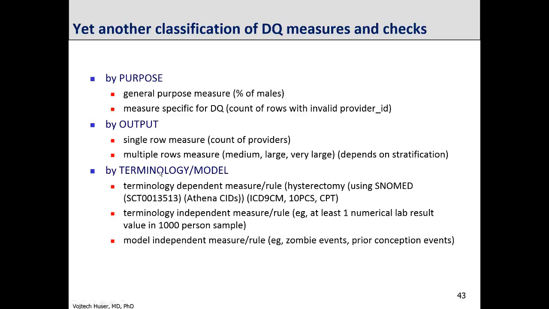And finally, most importantly for the portability of data quality checks, is whether the rule or the measure has either a terminology dependency built in or a model dependency built in.